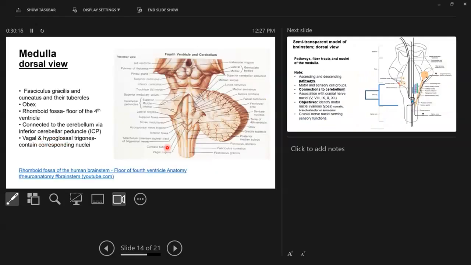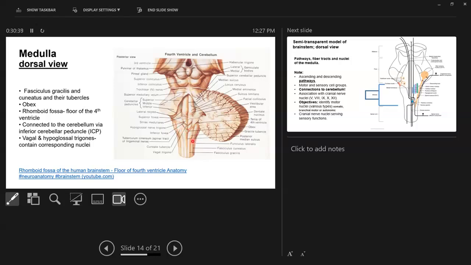Okay, with that in mind, we can start caudally here in the medulla, focusing on the obex, the caudalmost point of this lower triangle overlying the open medulla. That's your obex.